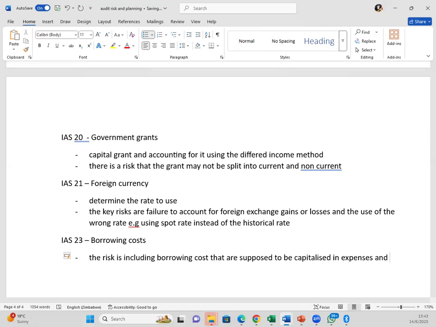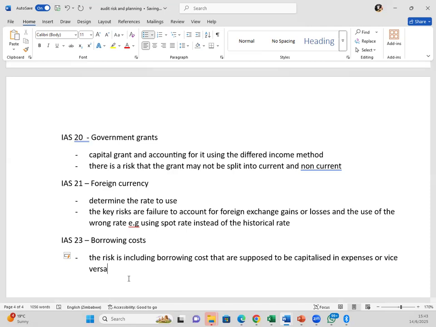Or we can say, vice versa. The opposite is true as well. We can take some of the borrowing costs that were supposed to be treated as expenses.